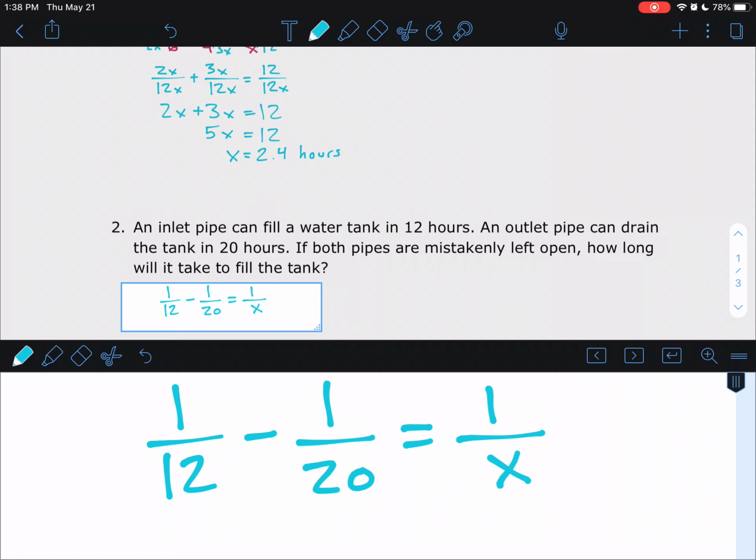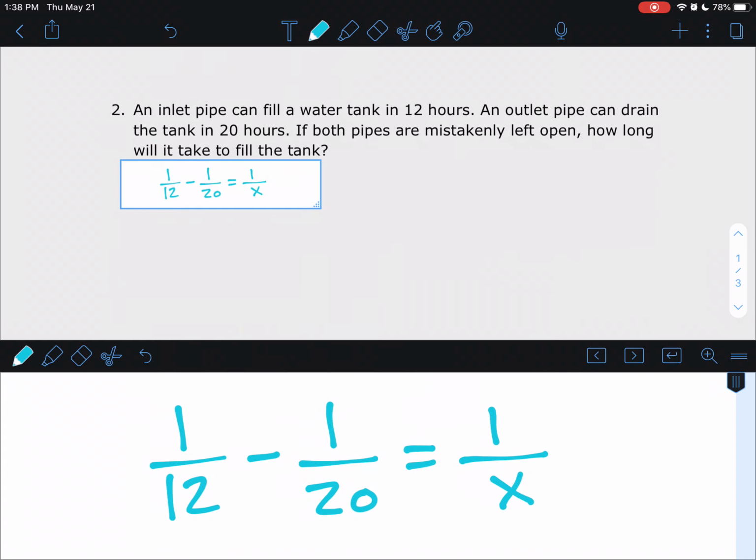So again, just like with the last one, we need to find that common denominator. It's going to have an x in it. And between 12 and 20, I believe the least common multiple is 60, because 12 times 5 is 60, and 20 times 3 is 60.